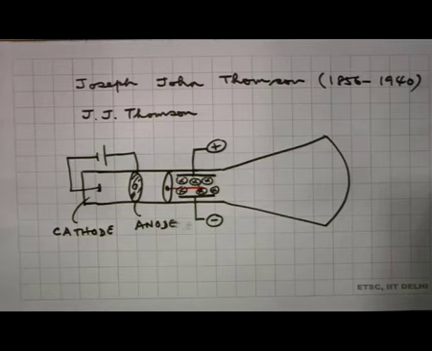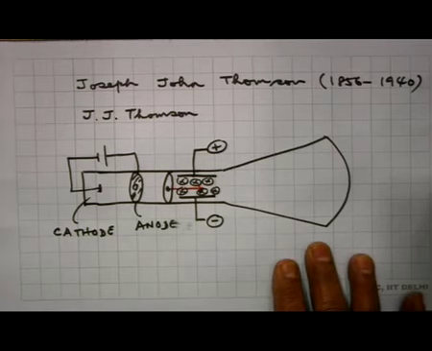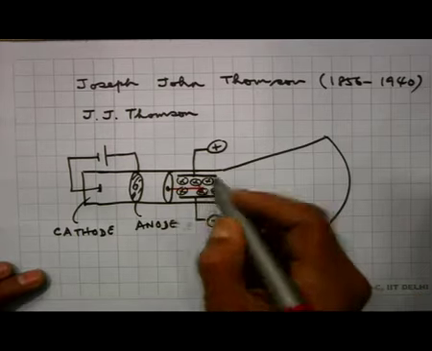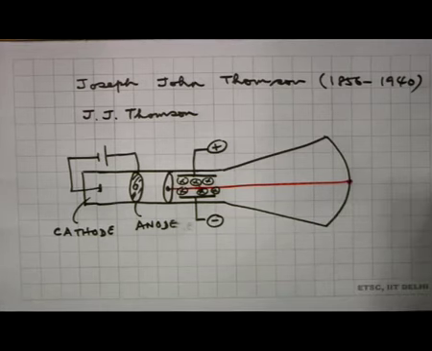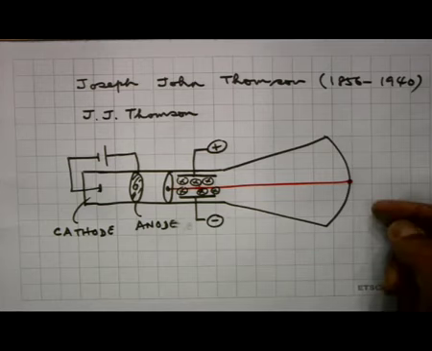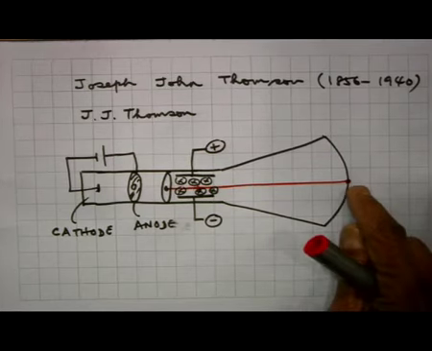Now, if I do not apply any electric or magnetic field, then the particles will go straight and hit this point. At this point there is phosphorescence, and you see a green spot of light generated by the electrons striking the end of the tube.